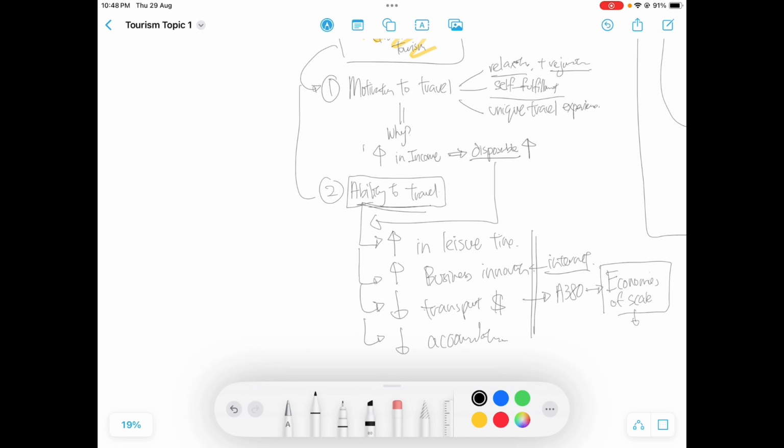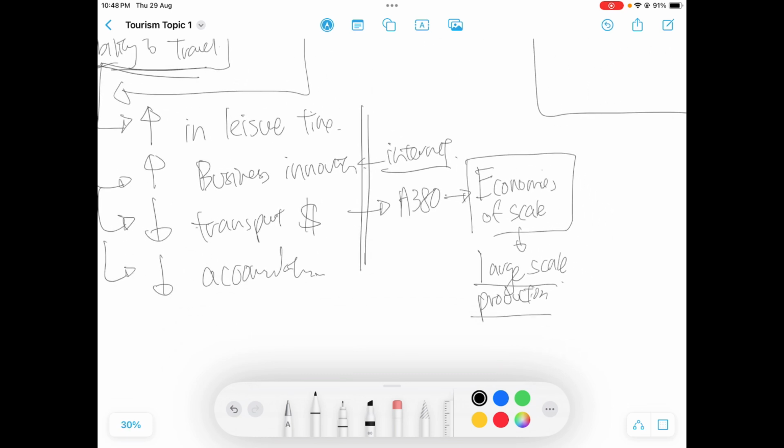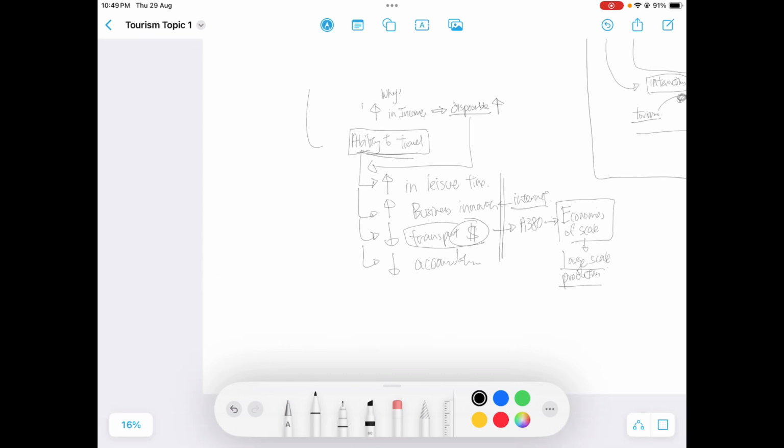It simply means that there is an advantage of large scale production. That means with the A380, maybe before then the planes could only take 60 passengers, but right now it is 200, 300. So it achieved that economy of scale. So therefore, transport costs actually went down, right? So this is just one example, right?